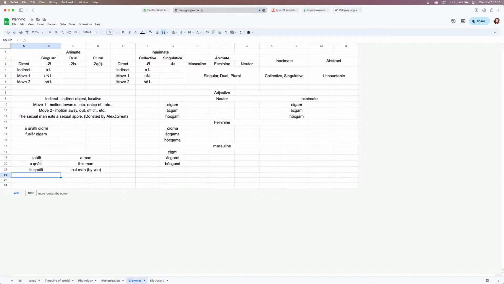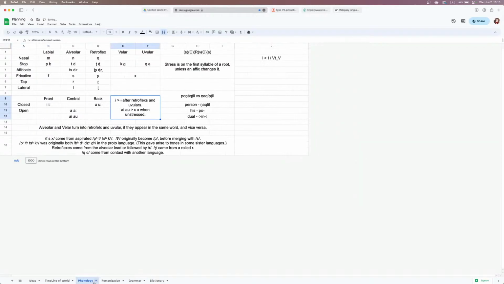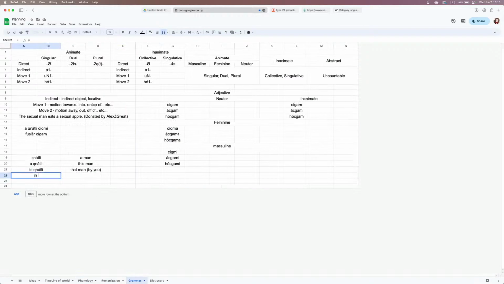I can't think. Een. That doesn't go against the syllable structure. No, it does not. Een Gnatli. So that man over there.